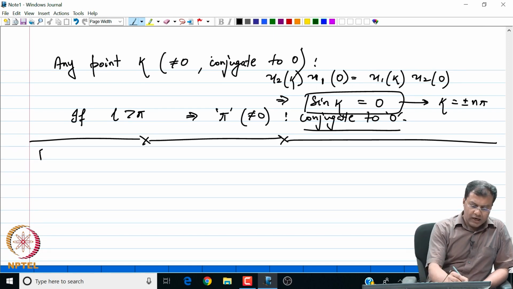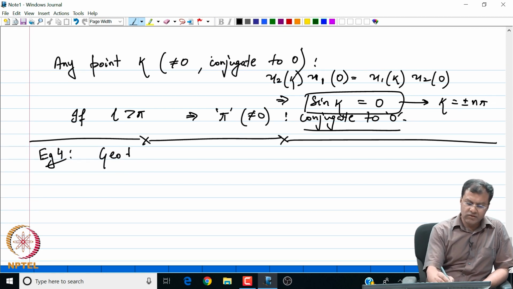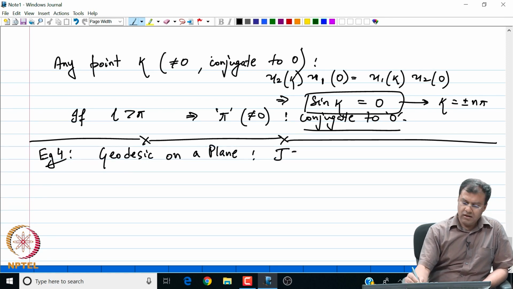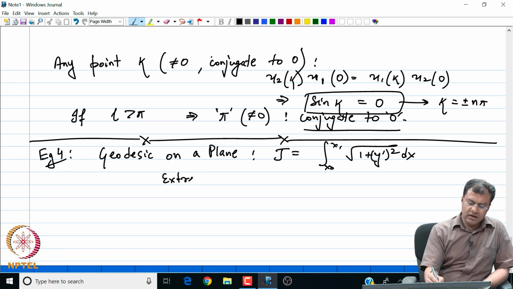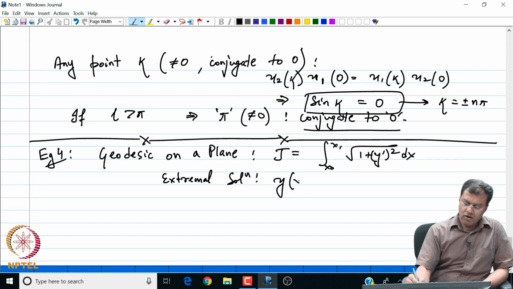Okay, so let us also look at another example, namely the geodesics on the plane. We know that the extremals are straight lines, geodesics on a plane. So, my functional is my arc length functional, the integral of square root of 1 plus y prime square dx, and my general extremal solution y of x, c1, c2 is c1 x plus c2.